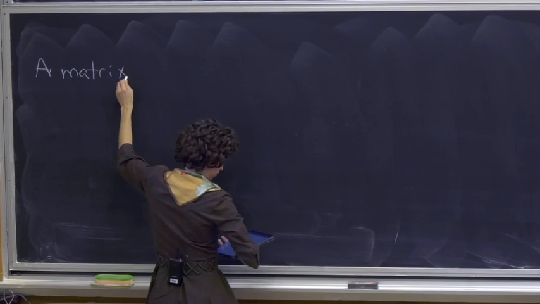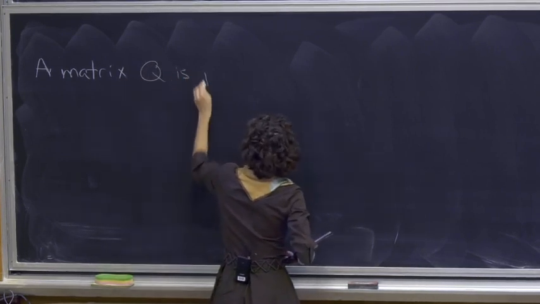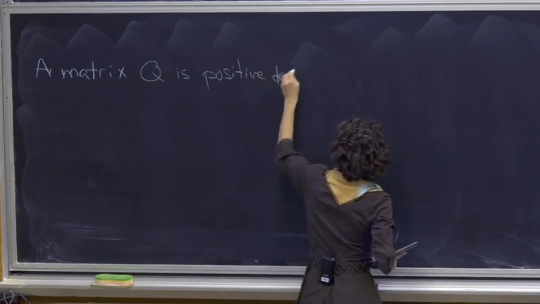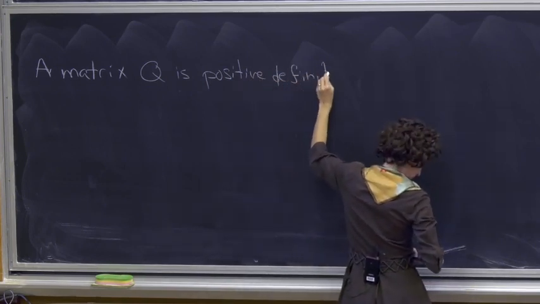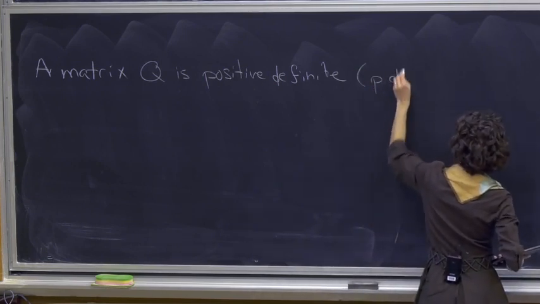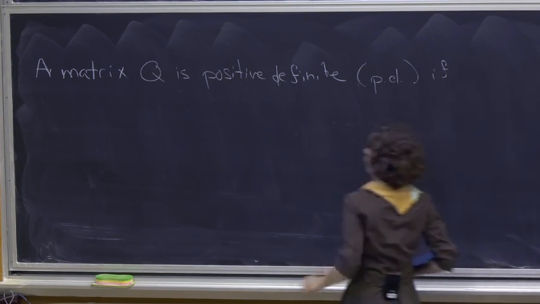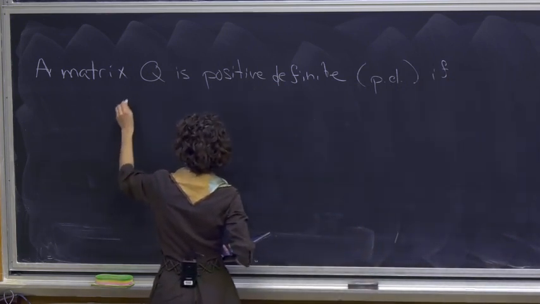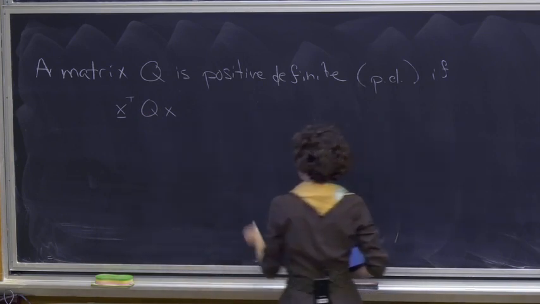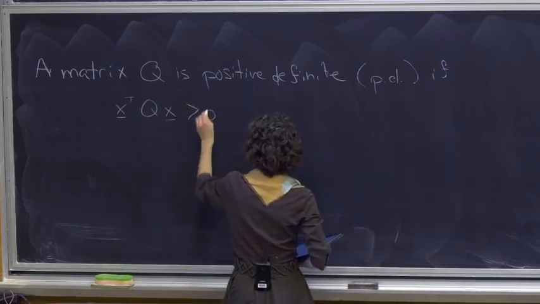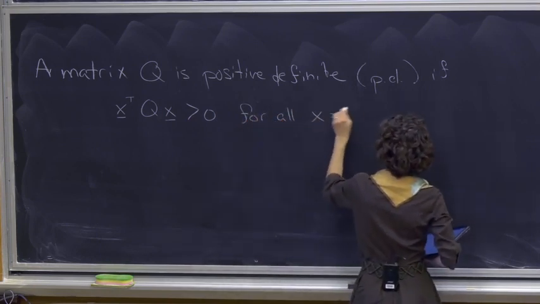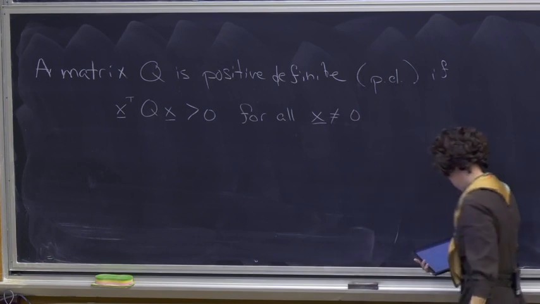So we say that a matrix Q is positive definite, and we abbreviate this as PD, if we can take a vector X and compute X transpose QX, and that is greater than 0 for all X that are not equal to 0.